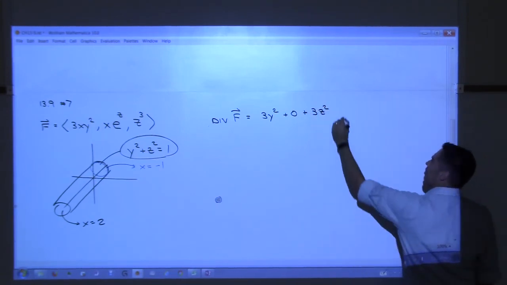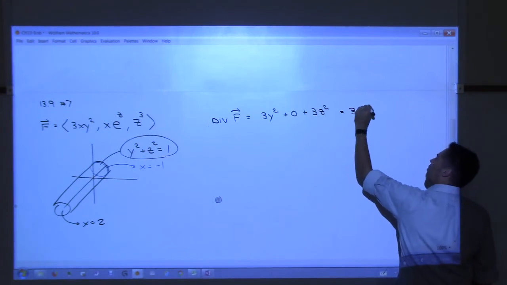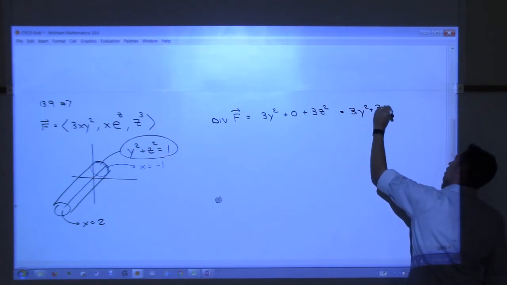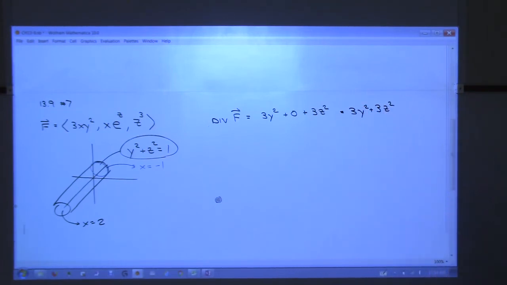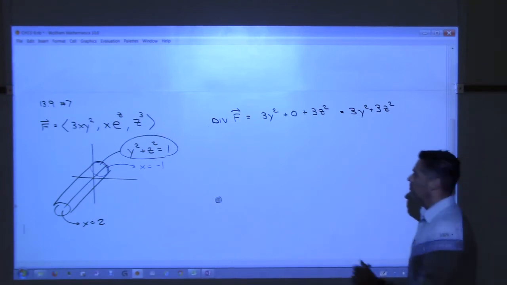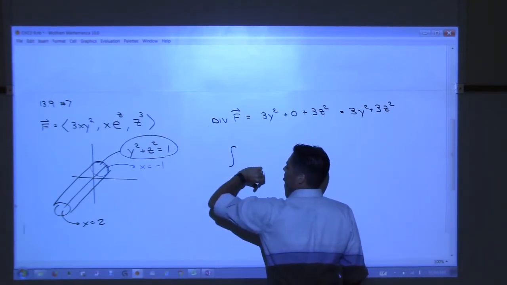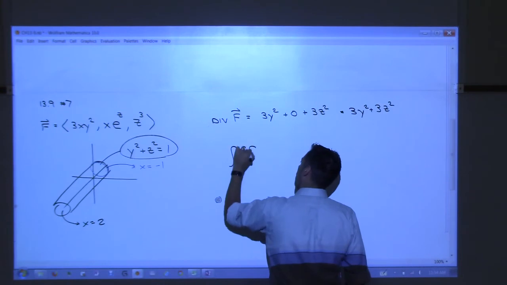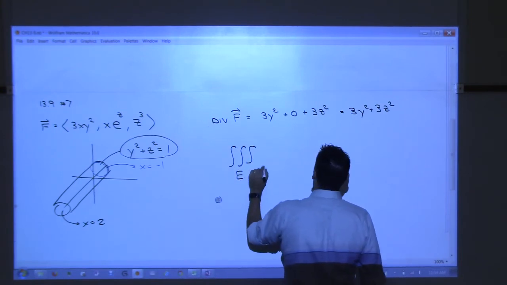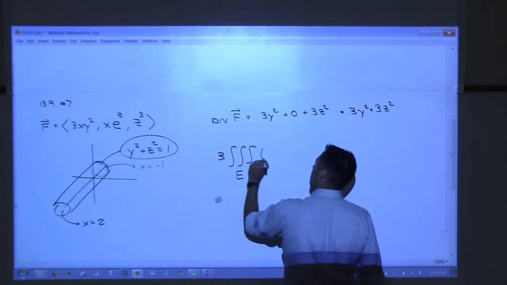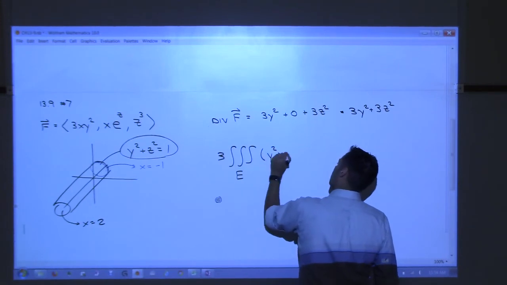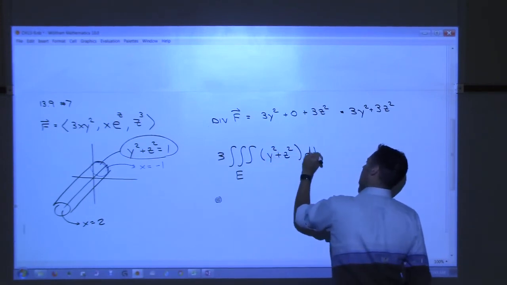So it's just 3y squared plus 3z squared. I need to do the triple integral over E of, I'm going to pull the 3 out, y squared plus z squared dV.